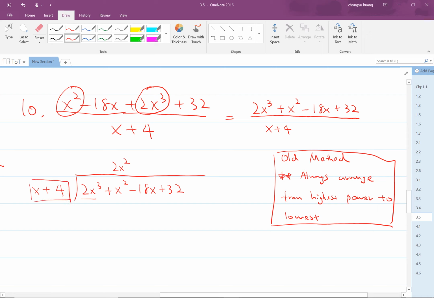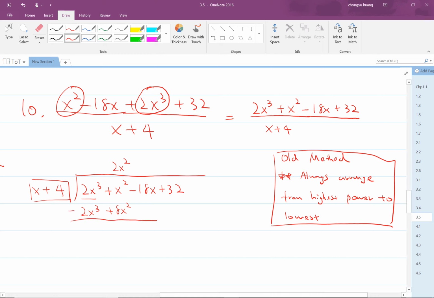So x multiplied by 2x squared becomes 2x to the power 3, and then 4 multiplied by 2x squared is equal to 8x squared, right?